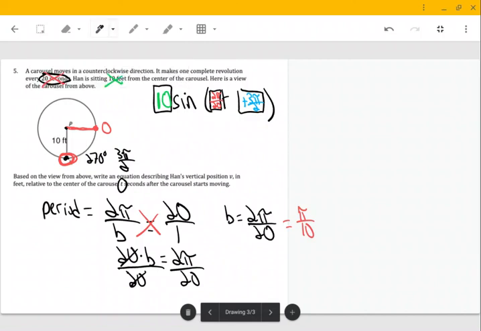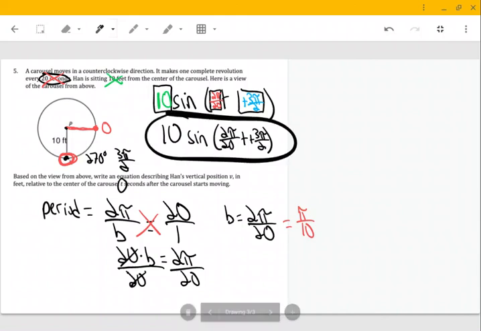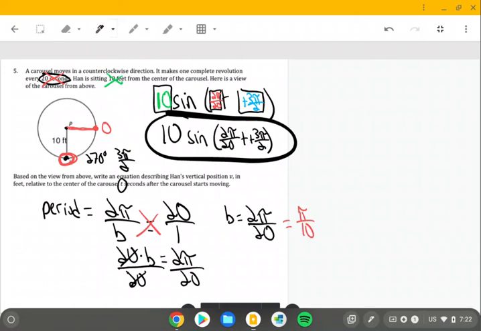If I put it all together, I get an equation of 10 times the sine of 2 pi over 20 times t plus 3 pi over 2. That is your equation, and that is your answer to number 5.